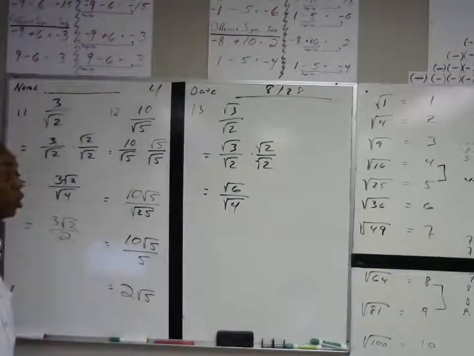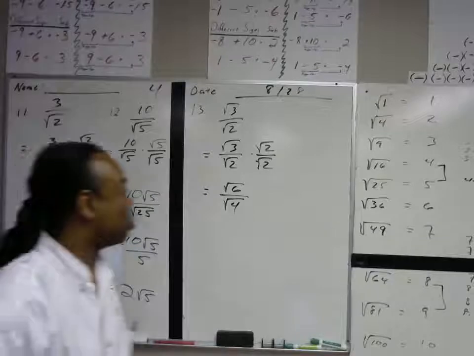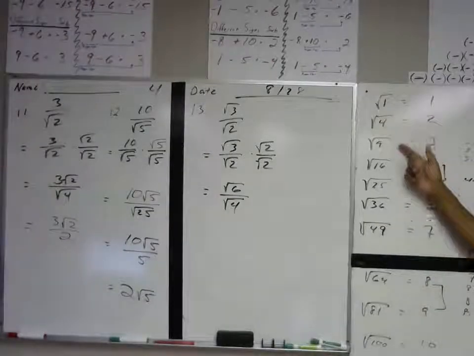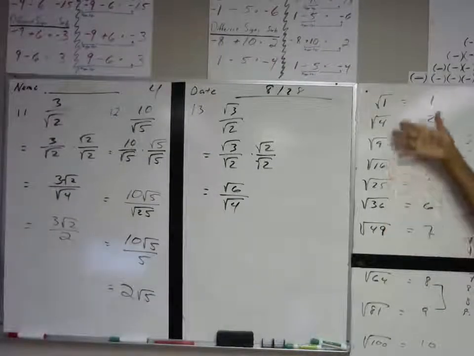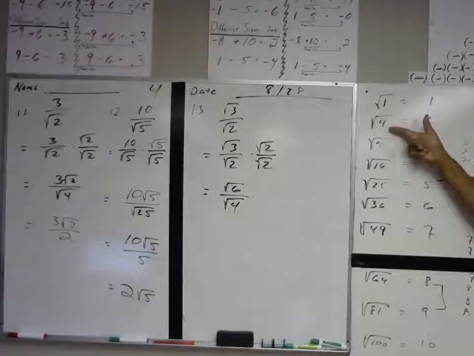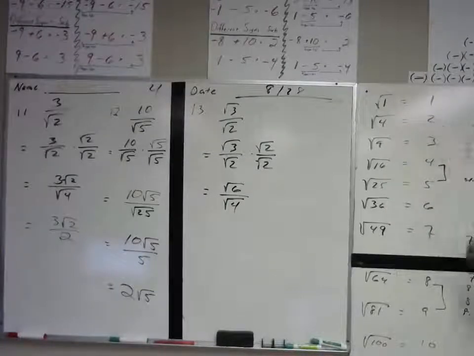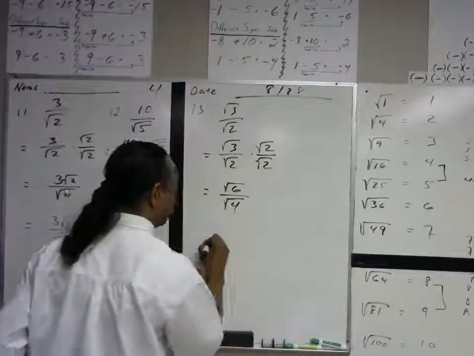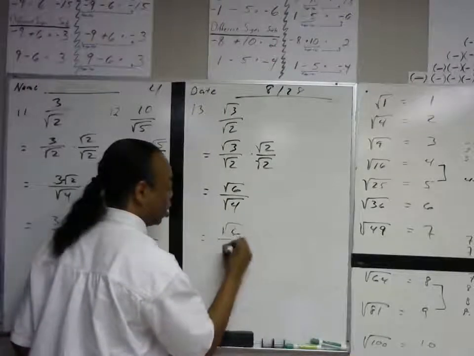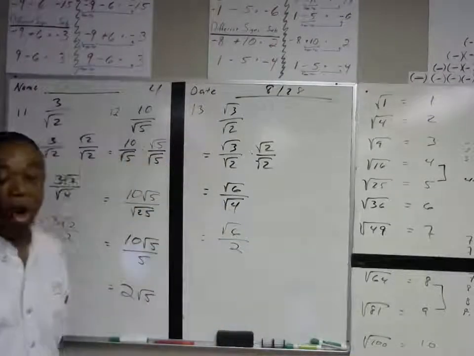Okay. So take a look. There is no square root of 6 here, but there is a square root of 4, and we'll change it to a 2. And we are finished.